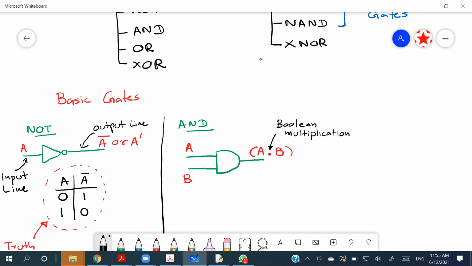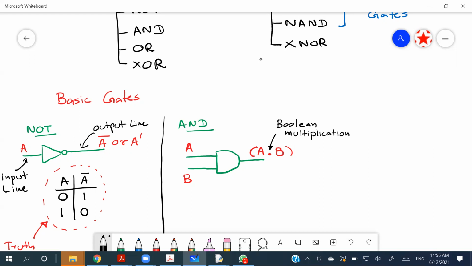Why do we use the word Boolean? This area, which we refer to as gates, is described with Boolean algebra, which describes how ones and zeros work with each other. Because of that, we say this is Boolean multiplication, which is almost the same as normal multiplication.